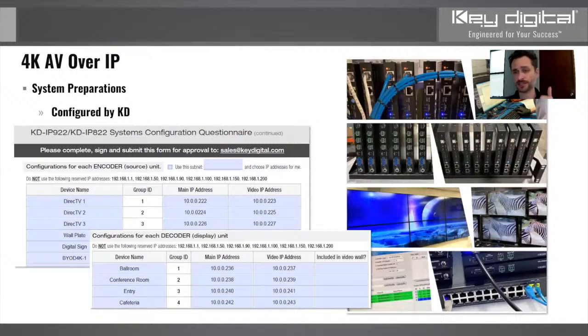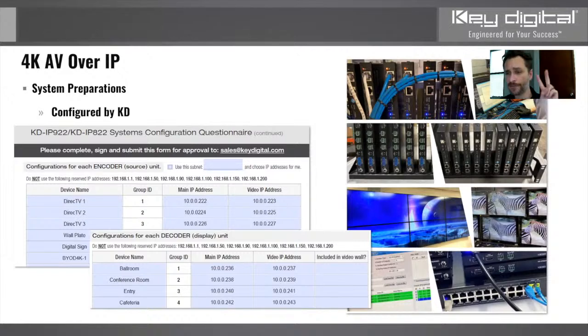You will tell us things like the names of each device and your desired IP address for each device. And if you don't know the granularities of what the IP address should be exactly, you could also just click that little checkbox you see here, use this subnet, and tell us 192.168.10. From 50 on up is all yours, for example.